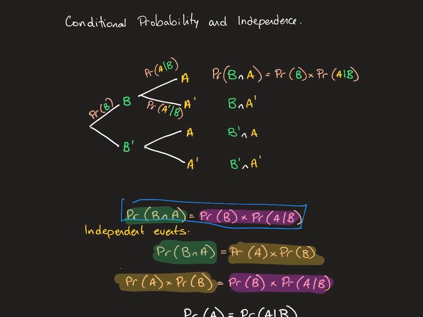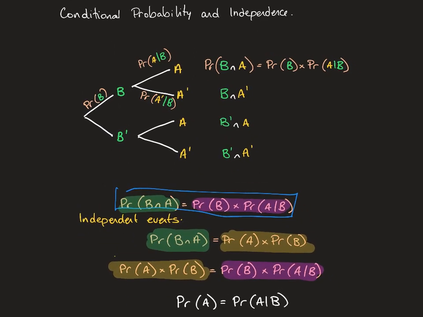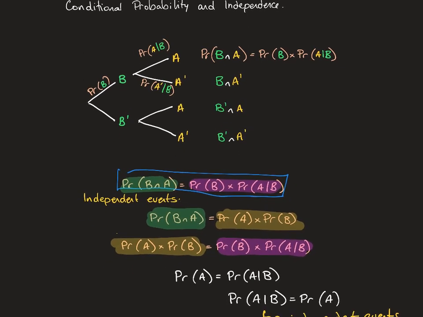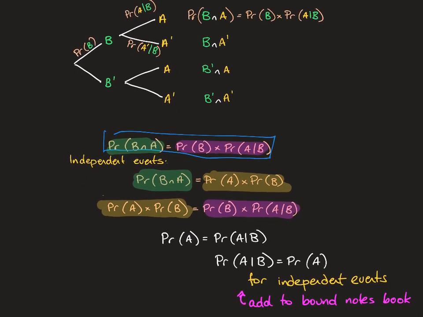If I then divide both sides by the probability of B, as long as the probability of B isn't equal to 0, I get this statement here. So for independent events, we have a new formula that we can use to check whether events are independent or not.